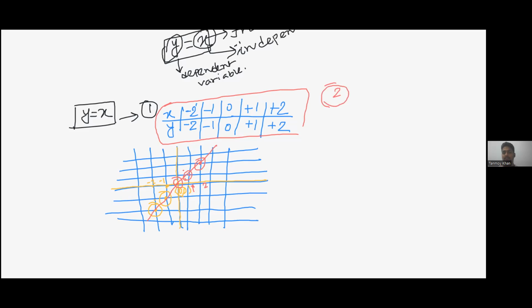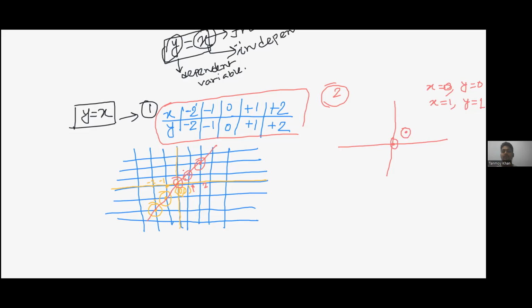Let's say this is your axis. You just think of 2 points. Whenever your x is 0, your y will obviously be 0. And whenever your x is 1, y equals 1.